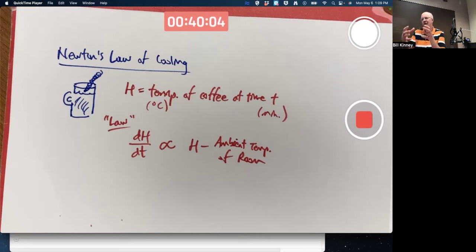In reality, if you don't stir it, the part of the coffee closer to the edges of the mug and near the top are going to cool down faster than the fluid inside in the interior, because heat diffuses. So we're going to pretend we're stirring so that it's kept a uniform temperature. Of course, that's not even reality either, right?